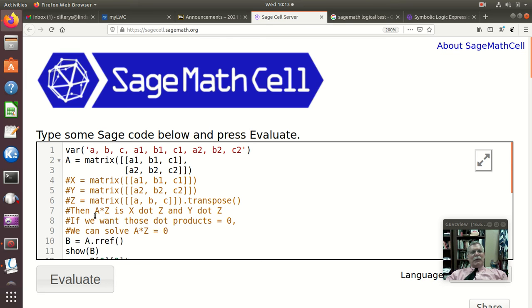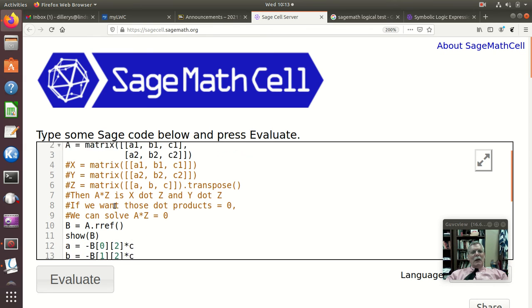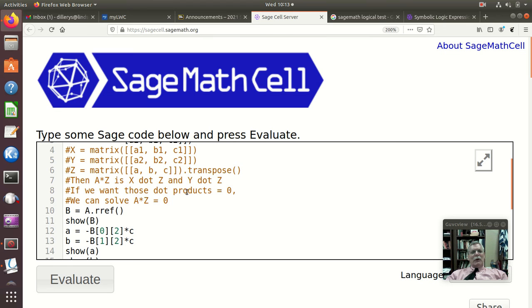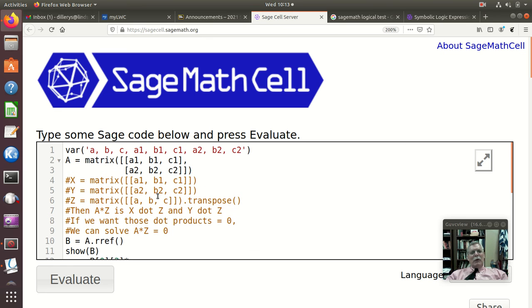But notice if I take A times Z, that's the same thing as X dotted with Z, X dotted with ABC, and then Y dotted with ABC, because that's how I would do that matrix multiplication. So that multiplication is just doing those two dot products. And so if we want those two dot products to be 0, why would we want that?